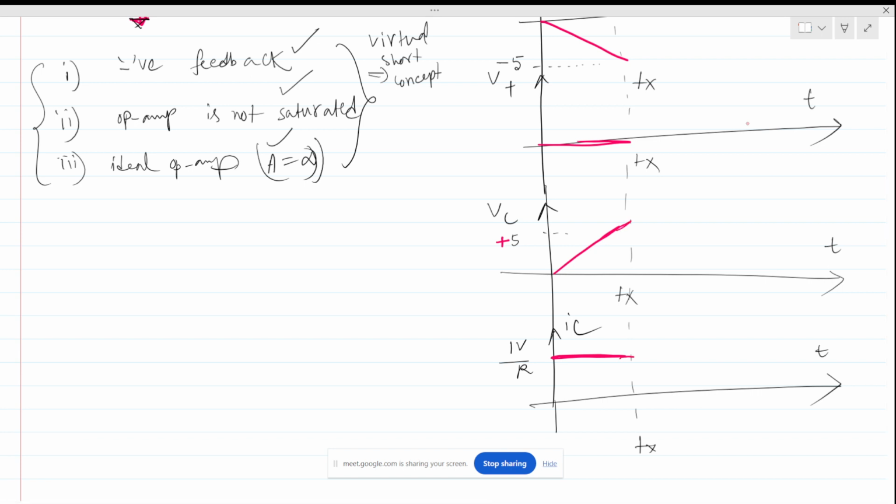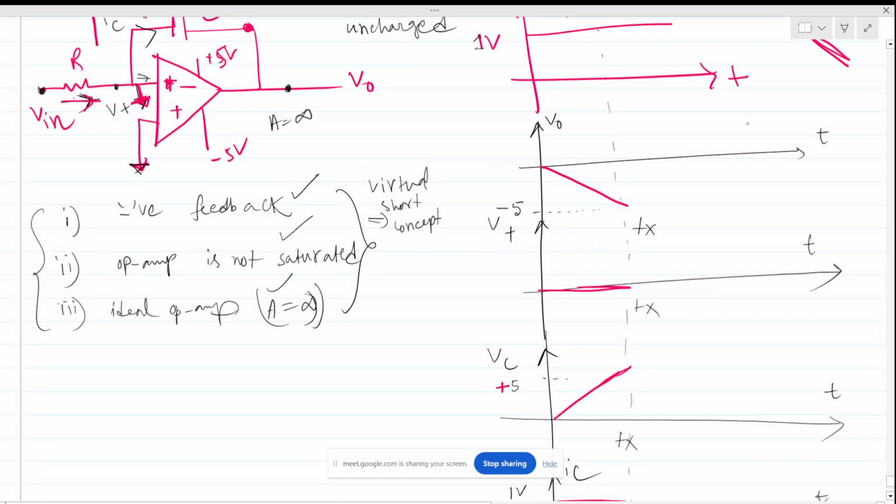And the IC at Tx will be nothing but 1 volt divided by R, right? As V plus is 0 volt, this is 0 volt. Up to that, okay?